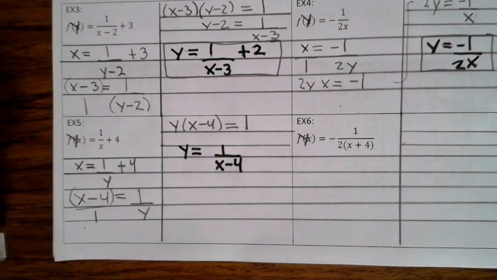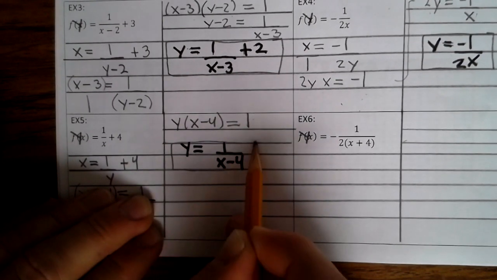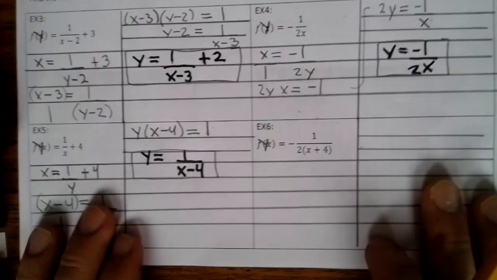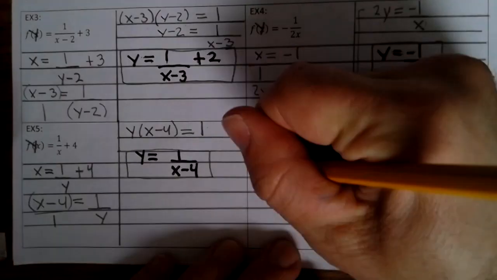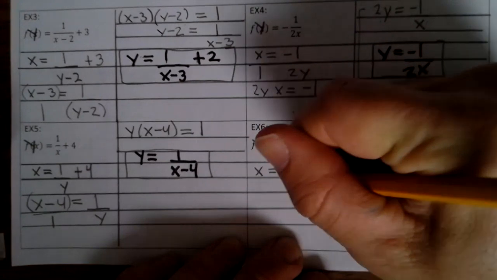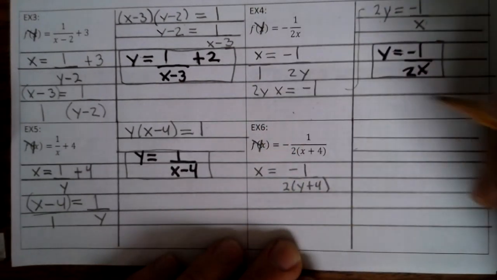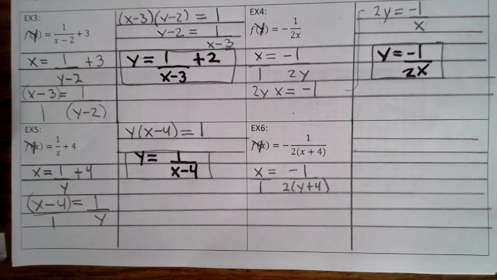All right, let's take a look at example 6. So again, switch x and y. So x equals negative, and put the negative with the 1, divided by 2y plus 4. I'm going to go ahead and divide that by 1. And then we want to cross multiply. I'm going to go ahead and put the 2 and the x together.